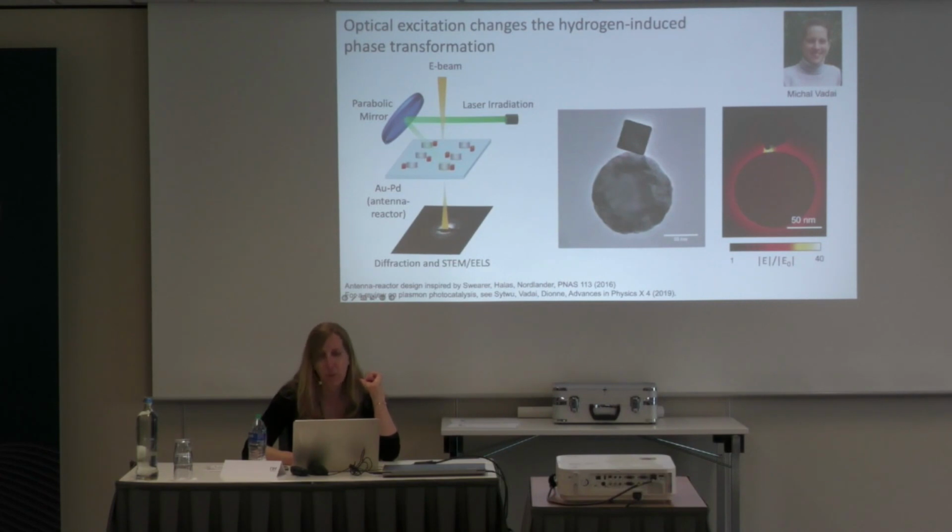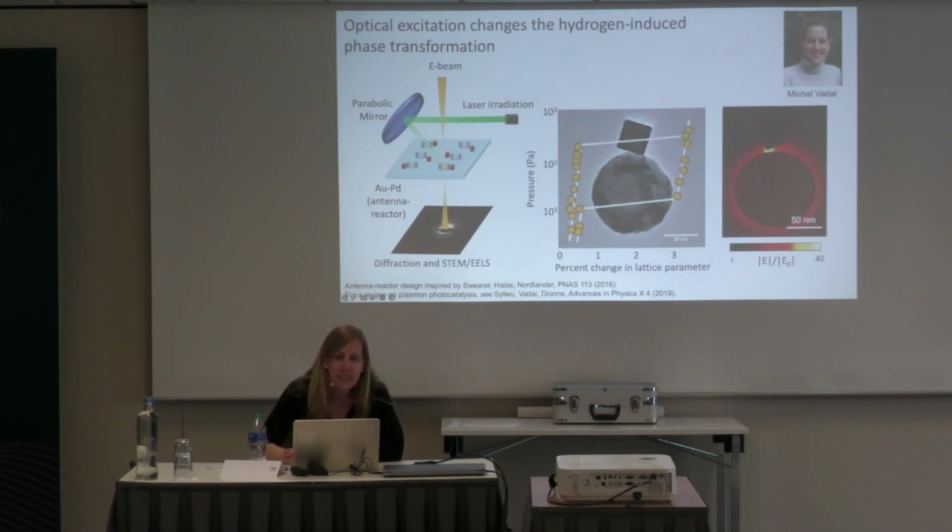So here's an example where you don't need to focus light to a subdiffraction limited scale. You can get light concentrated to this really small volume simply by virtue of these 2 coupled dipoles at the wavelength that you're exciting with. Here you can see the electric field is enhanced by about 40x in the gap between the light absorber and the catalytic nanoparticle.